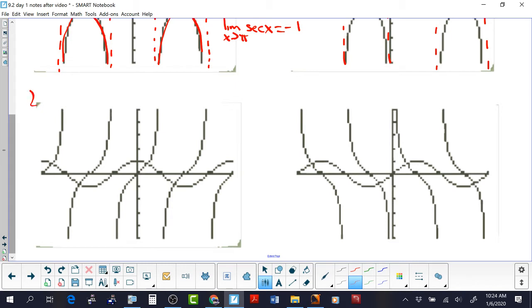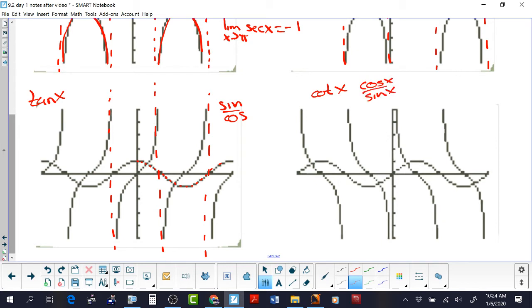This is tangent. We usually graph the denominator. So sine over cosine, right? We graph cosine, and then wherever cosine is 0, tangent will have a vertical asymptote. This is cotangent, so we graph cosine, we graph sine.